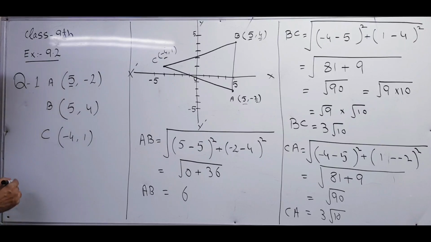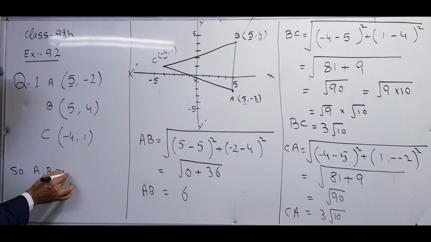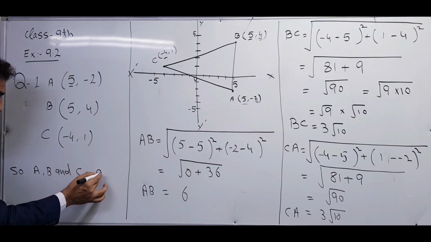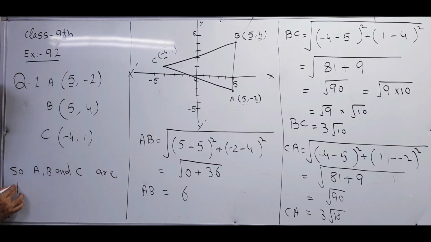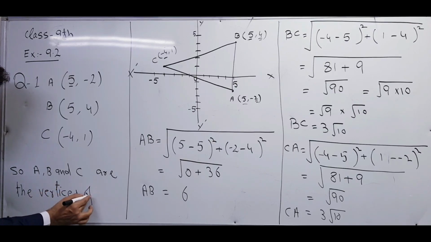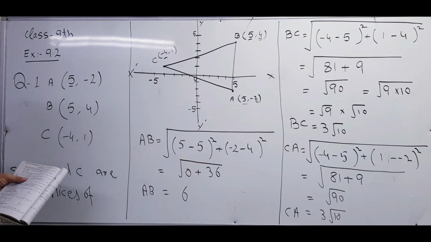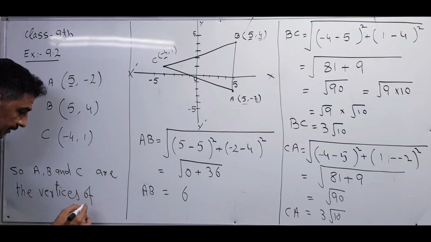At last you will write that: A, B and C are the vertices of which triangle? Isosceles triangle.